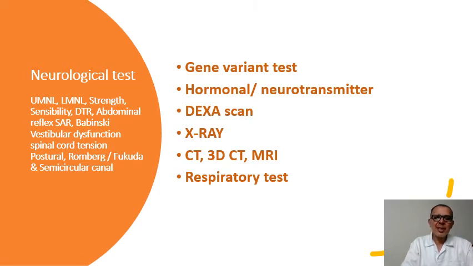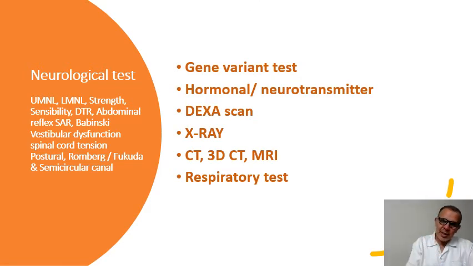We're still in clinical examination, but we go a little bit specific. I will start with the gene variant test or genetic variation test, hormonal neurotransmitter testing, and DEXA scan.